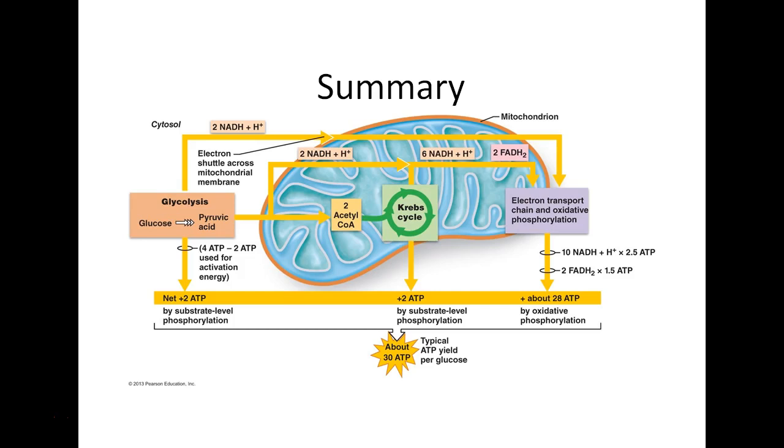So let's look at that. This shows a total of about 30 ATP net. In other words, combine the amounts from glycolysis, combine the amounts from the Krebs cycle, aka the citric acid cycle, and combine the amounts from the electron transport chain, which truly drives most of the ATP production. We see a net amount of 30 ATP.